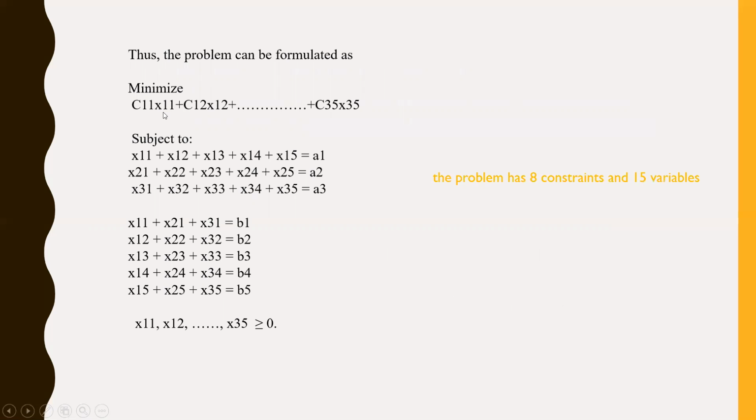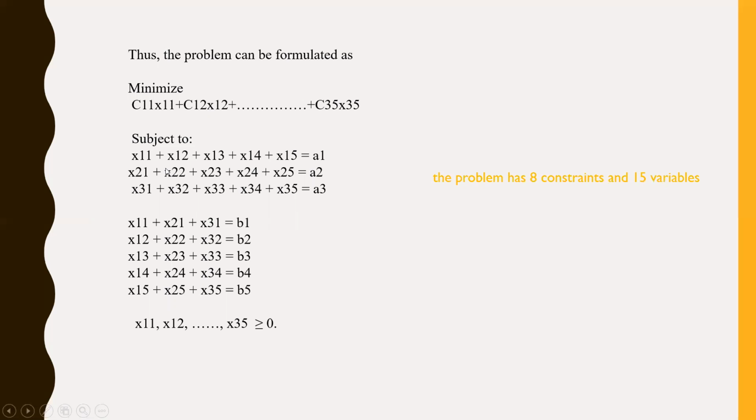So C11 X11 plus C12 X12 plus C13 X13 plus C14 X14, and so on to C35 X35.